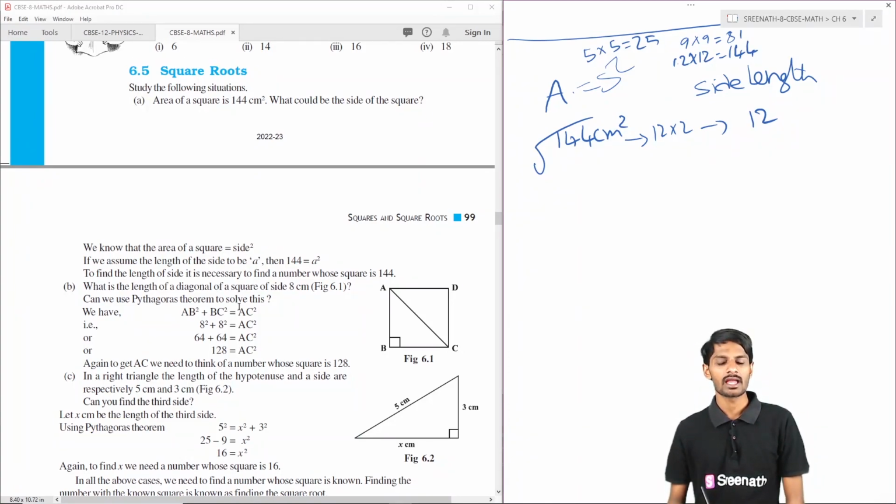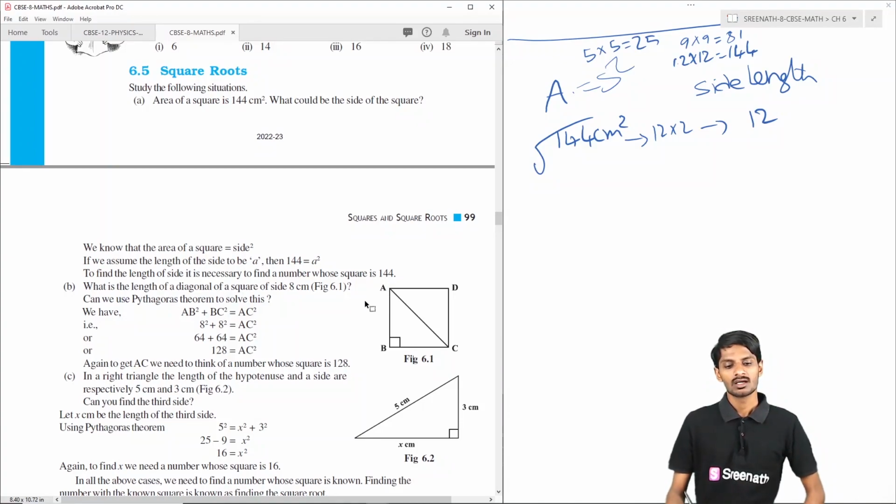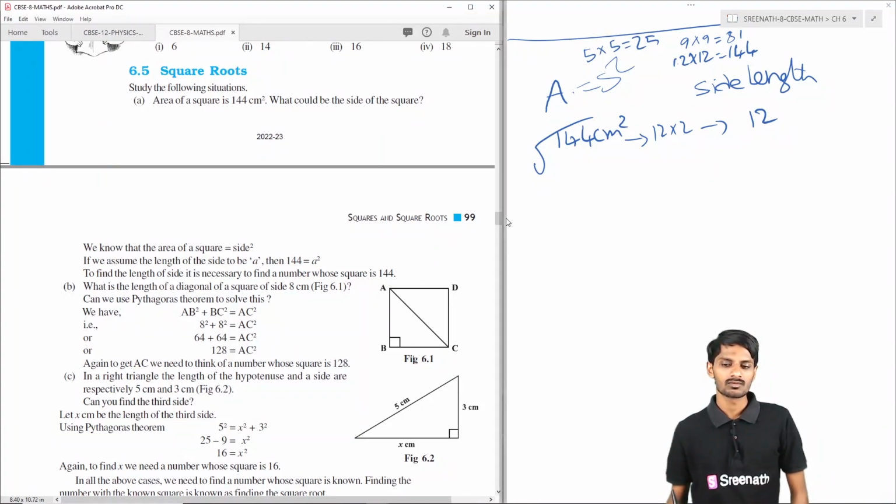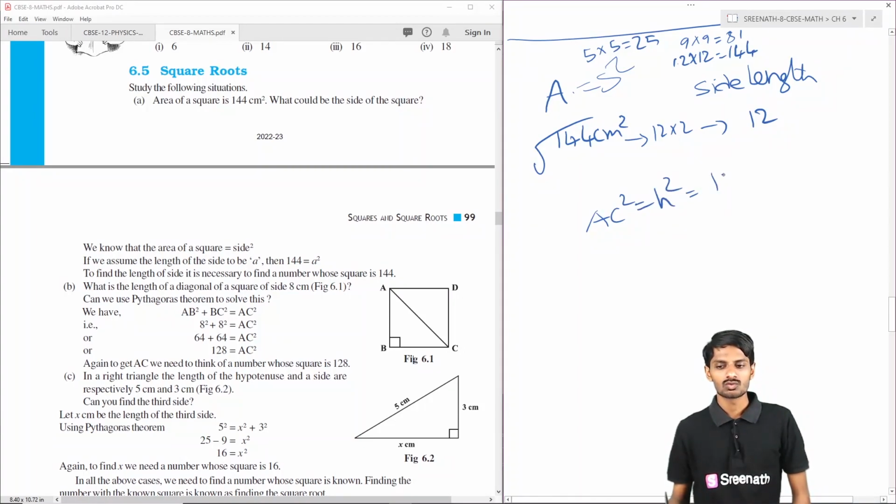What is the length of the diagonal of a square of side 8 centimeters? There is a square whose side is 8 centimeters, and we want the length of the diagonal. If it is 8 and also 8, then you can apply the Pythagorean theorem. So 8 square plus 8 square equals 64 plus 64 equals 128, that is equal to AC square. AC square is hypotenuse square, equal to 128.